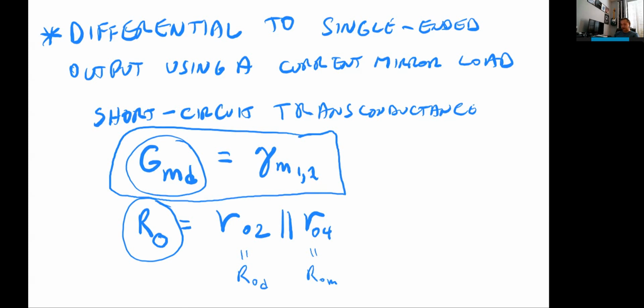And that is the differential transistor and the current mirror transistor 4. So differential was transistor 2, and the current mirror transistor is transistor 4.